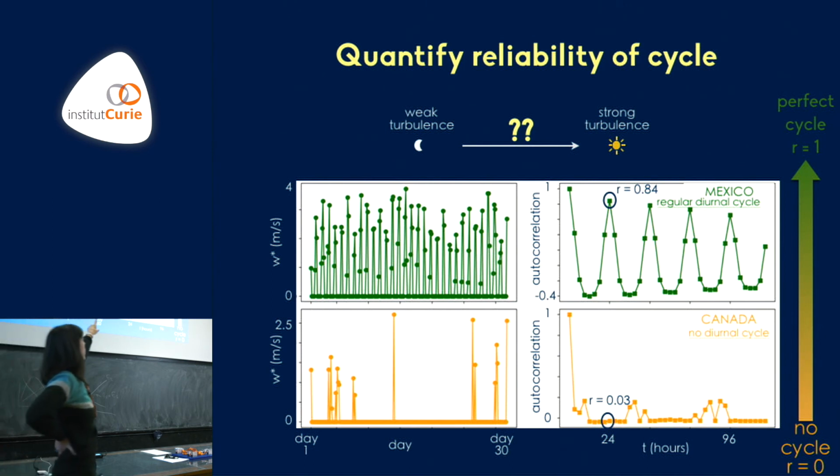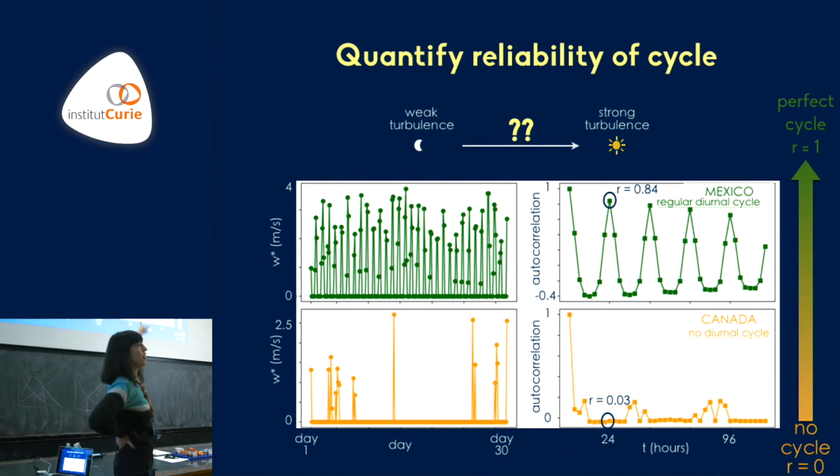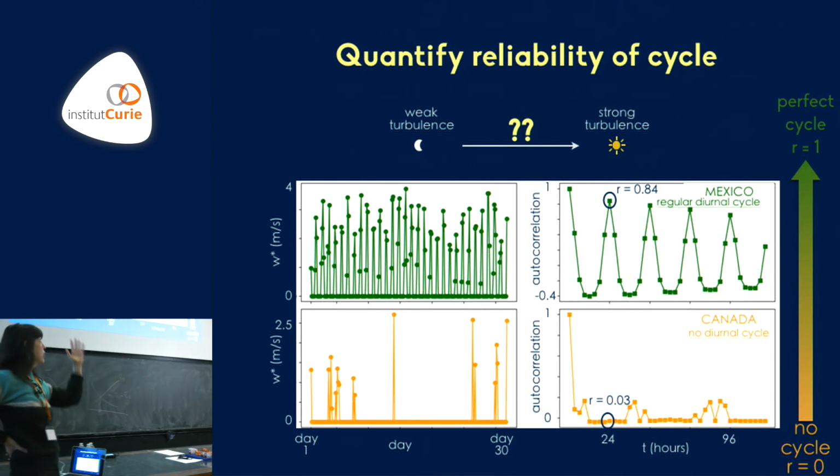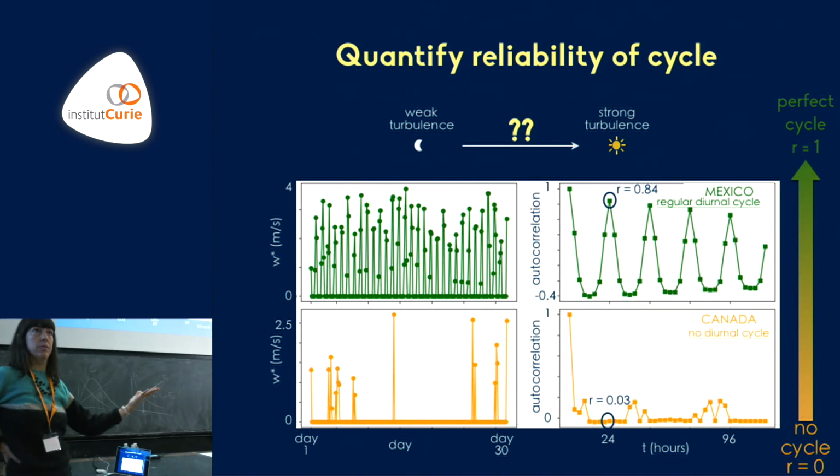You look at the autocorrelation and you see that if this was a sine, it would go regularly from 1 to -1 to 1 every day. So if you take the autocorrelation at 24 hours, that tells you how reliable a cycle there is for turbulence. And you can do this for fitness as well.